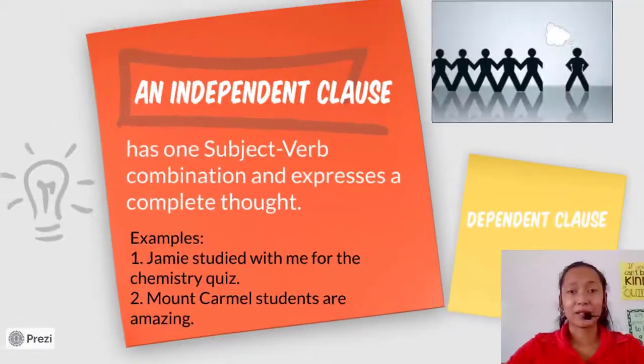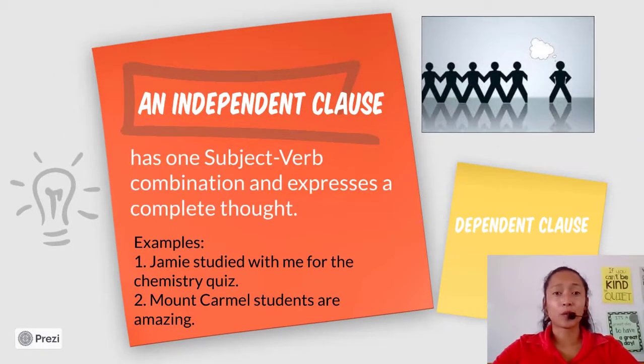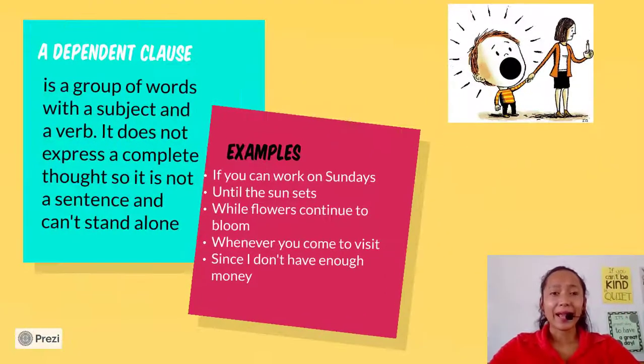So if an independent clause refers to a group of words that has a subject, verb, and a complete thought and can stand alone, then what is a dependent clause? A dependent clause is a group of words with a subject and a verb, but it does not express a complete thought. So it is not a sentence and it can't stand alone.